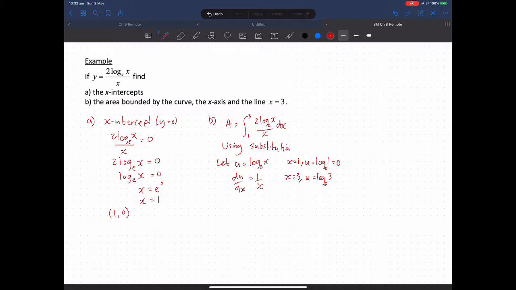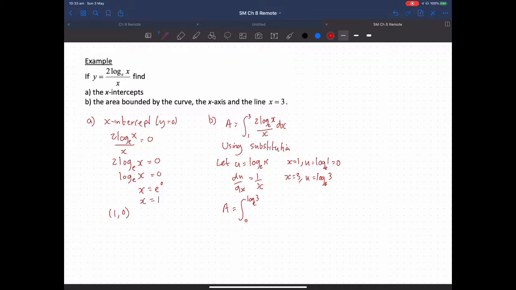The definite integral is going to be area equals the integral from, we had x equals 1. For x equals 1, we have 0. x equals 3 gave us log e of 3 in terms of u.